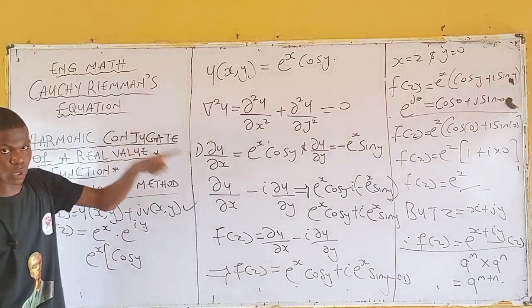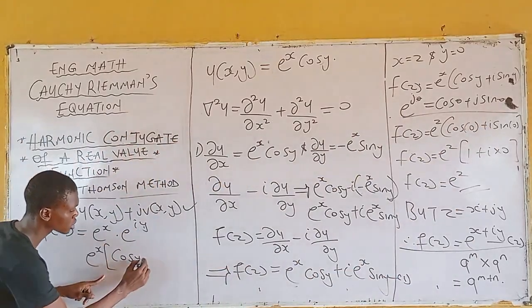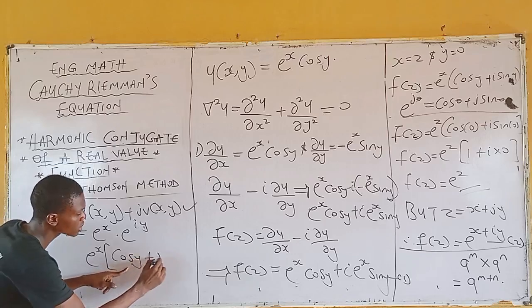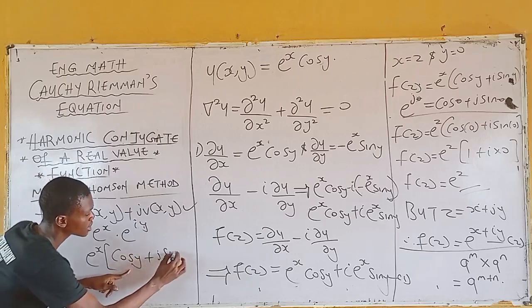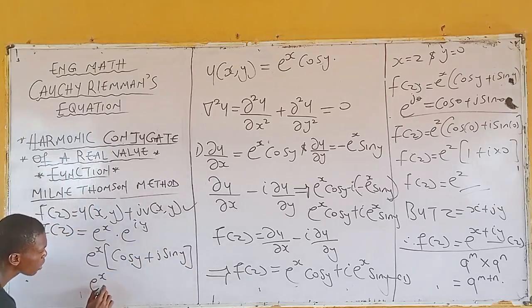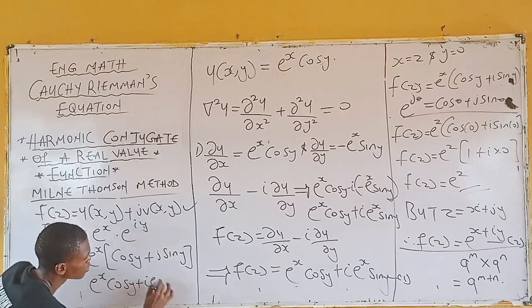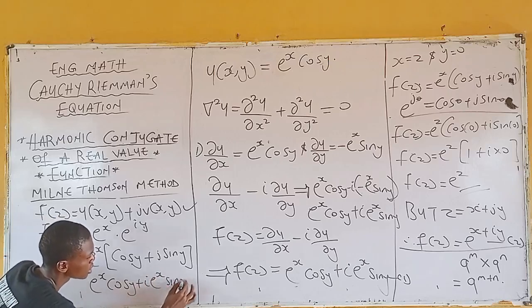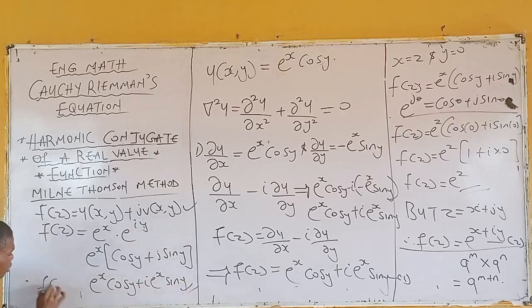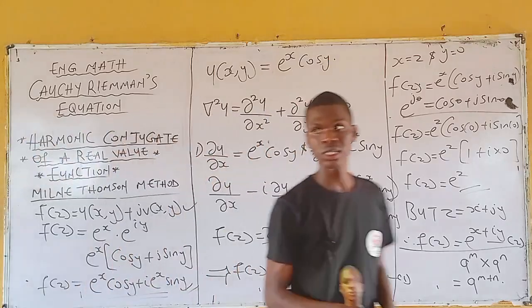So I'm having cos y plus i sin y. So I'm saying, open your big bracket, cos y plus i sin y. Expand this. What do you have? Exponential raised to the power of x cos y plus i exponential raised to the power of x sin y. This becomes your f of z.